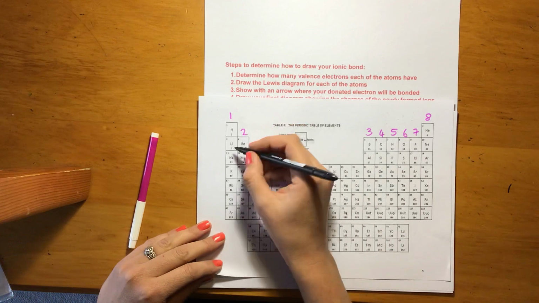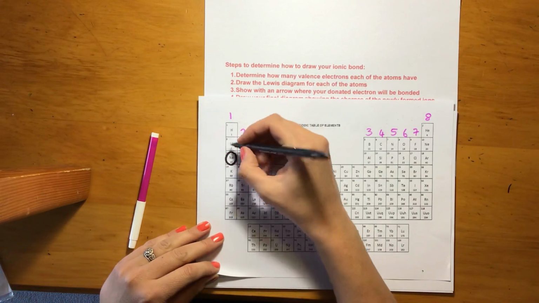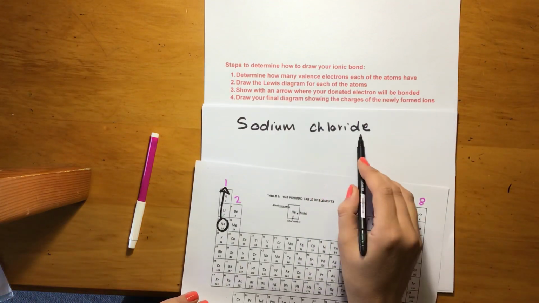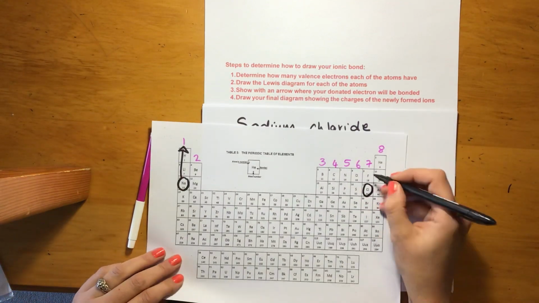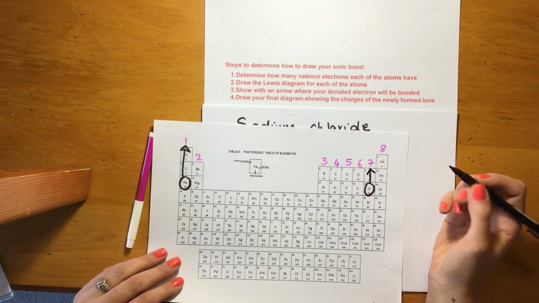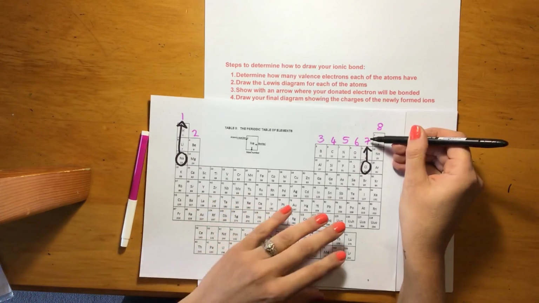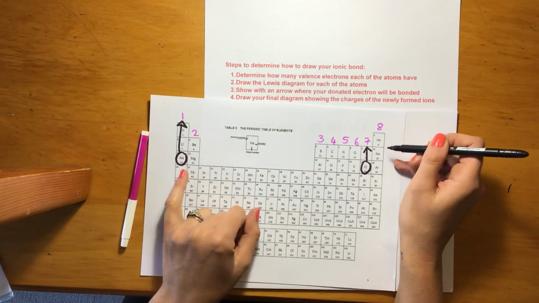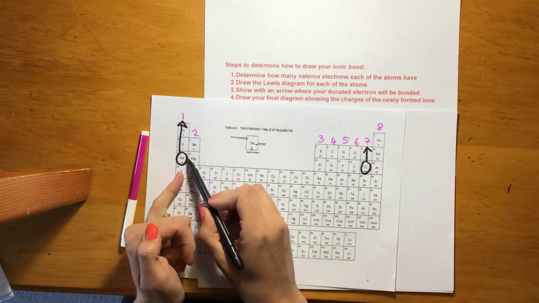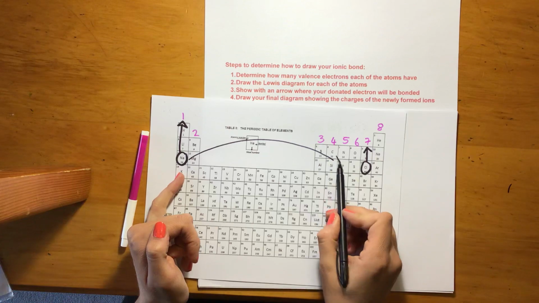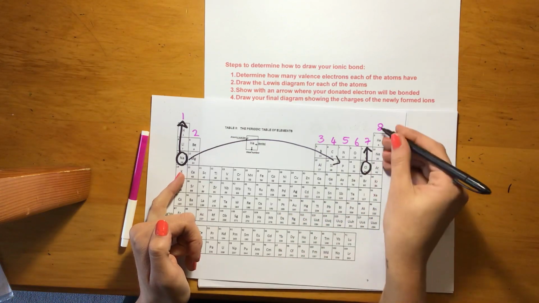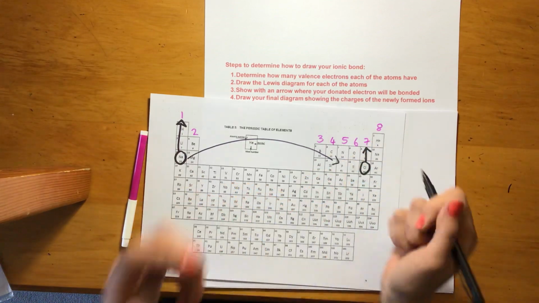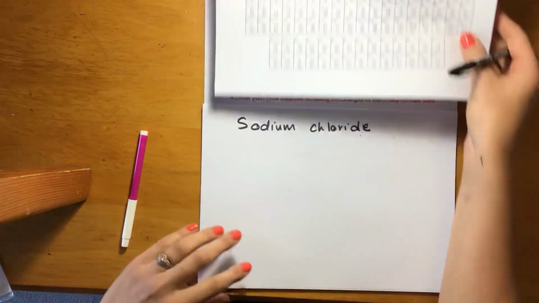Sodium has 1 valence electron, and chlorine has 7. So you can already see chlorine is much closer to having 8 electrons in the final orbital than sodium. So your sodium is going to give an electron to chlorine, so that chlorine has 8 electrons in order to give it a noble gas structure.